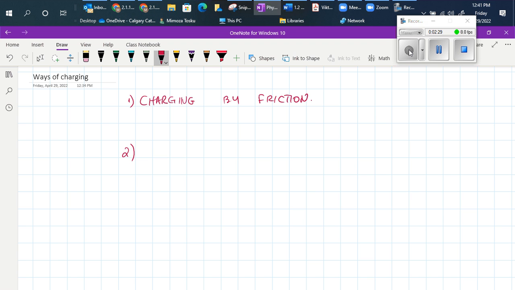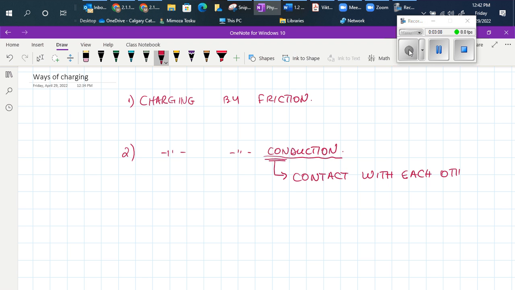The second way that we charge an object is known as charging by conduction. When we are charging by conduction, the two objects are in contact with each other. Conduction starts with con, and they are in contact either by simply touching or through a conducting wire.